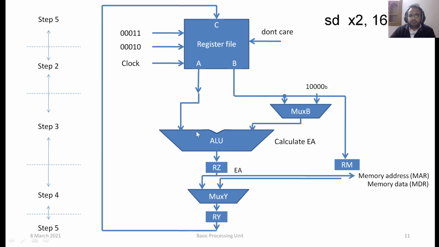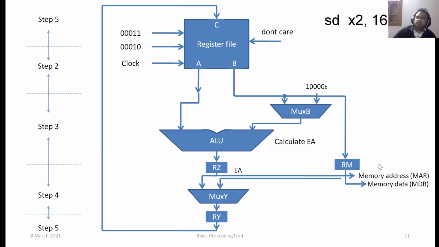So in step 3, along with this forwarding, the actual effective address calculation will happen, and by the end of step 3 we have the effective address in RZ. So RZ in step 4 will be forwarded to the memory address register MAR, and the value in RM will be forwarded to MDR.